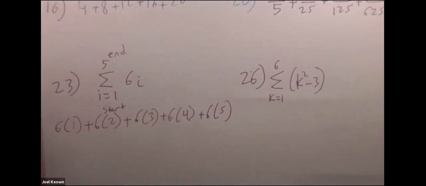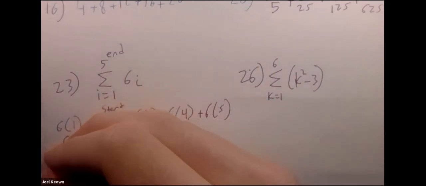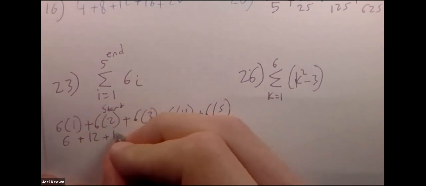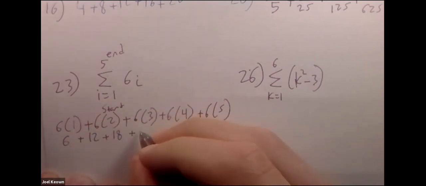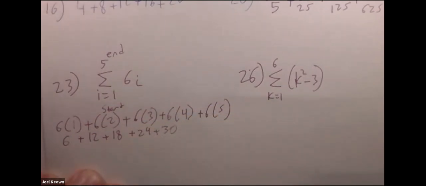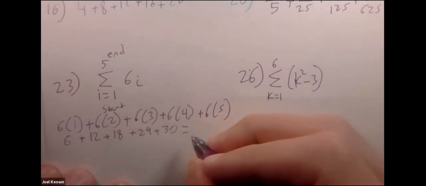Now I just need to figure out what each one of those things are. Well, that's 6 plus 12 plus 18 plus 24 plus 30. All right, let's add these together. 8, 9, 10, and then 4 and 6 make another 10, so I'm going to put a 0.